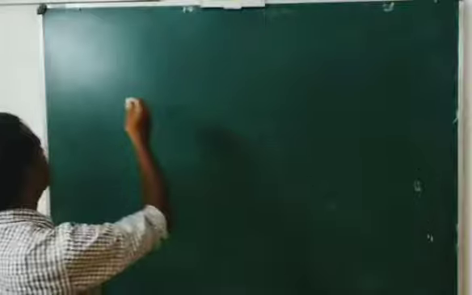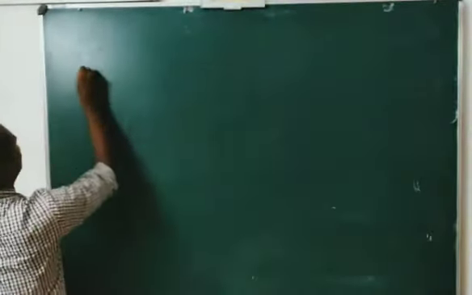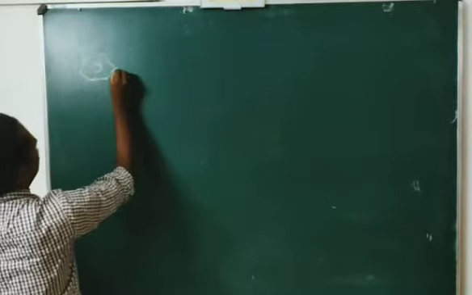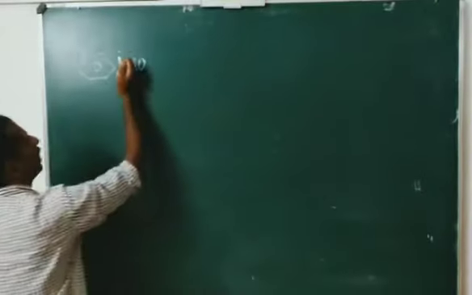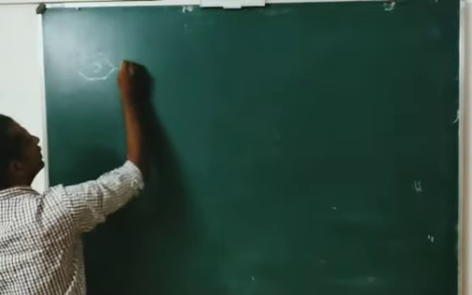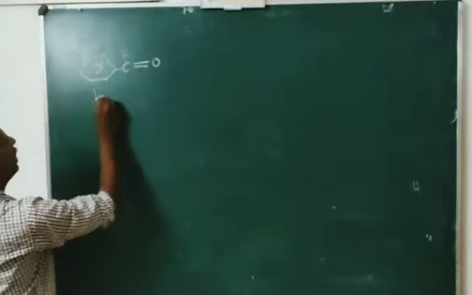That means we can take benzaldehyde. What is benzaldehyde? It is ring, CHO. Here you listen very carefully, I am writing CHO as CH double bond O. Correct? This is benzaldehyde.